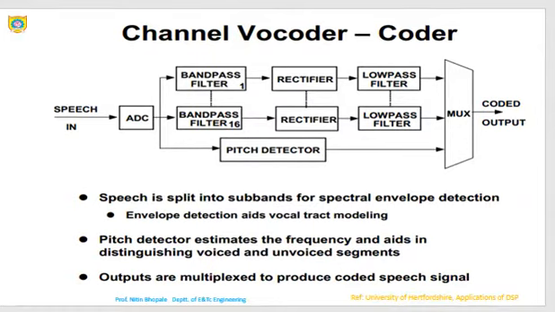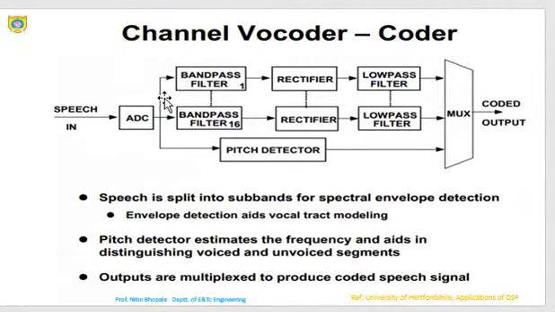This multiplexing scheme is called time division multiplexing, that is TDM. The multiplexer of the channel vocoder, that is the coder, operates in a similar fashion. It enables two different groups of signals to be transmitted on the same wire without significant crossover.